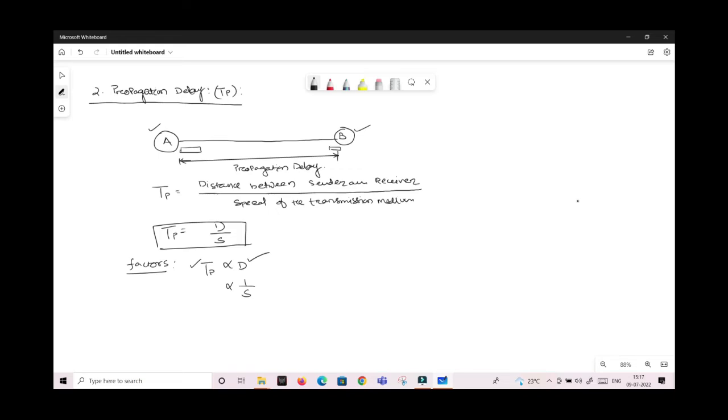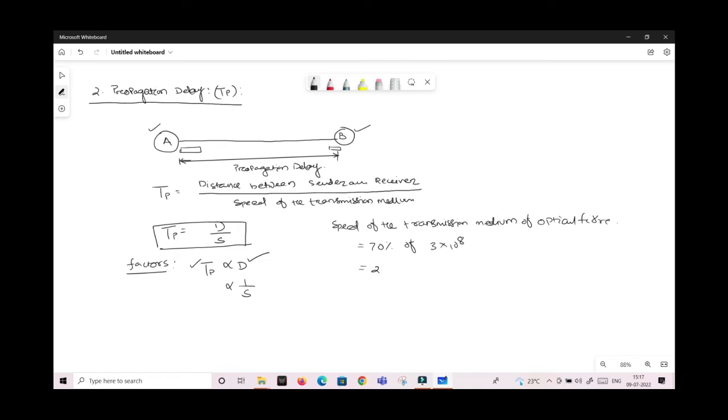Okay, so one point here to remember: the speed of the transmission medium of an optical fiber is approximately 70% of the speed of light, that is 3 into 10 to the power 8.